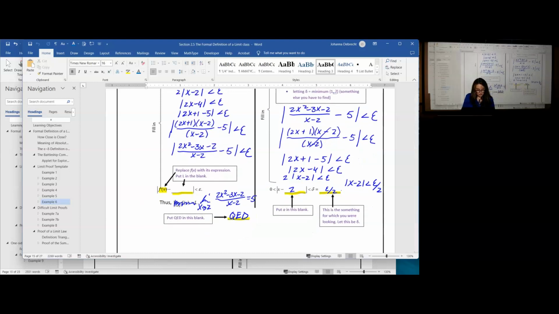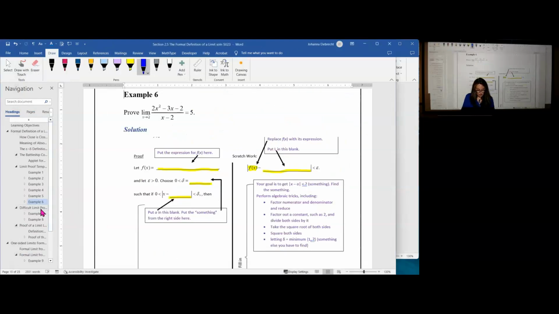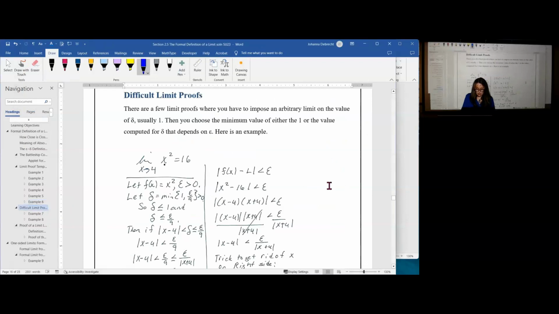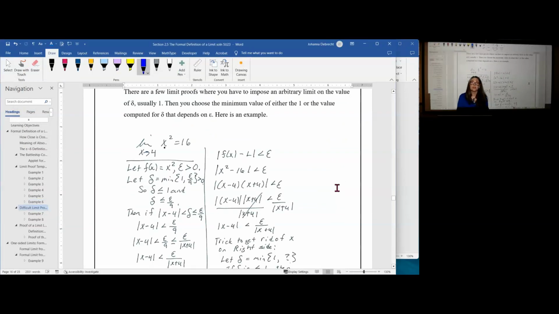We want to now turn our attention to what I call more difficult proofs. I've gone ahead and written this one out for you because it is more difficult and rather challenging. I do not expect my students necessarily to be able to write one of these on an exam.